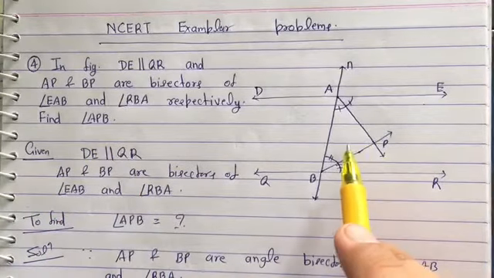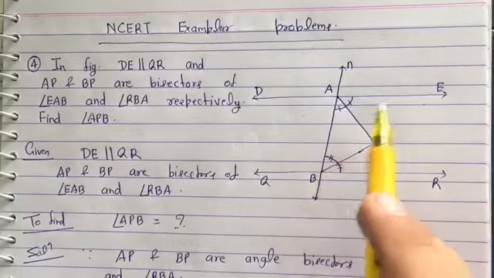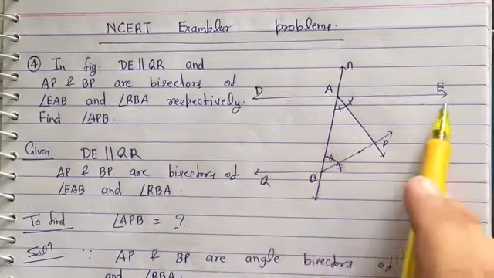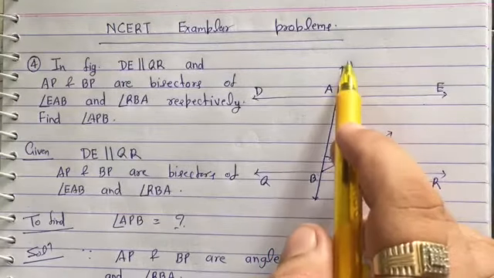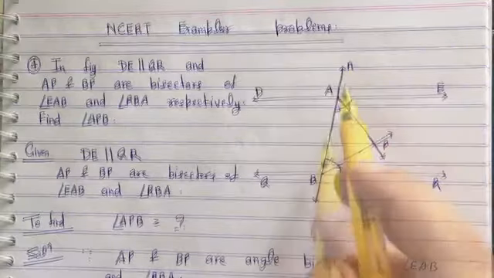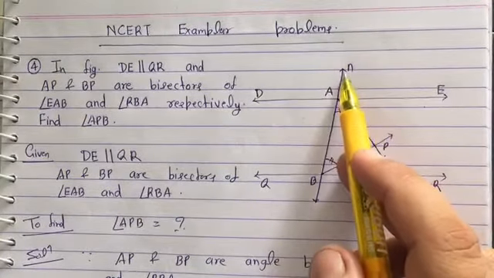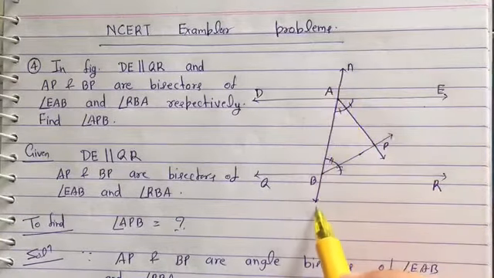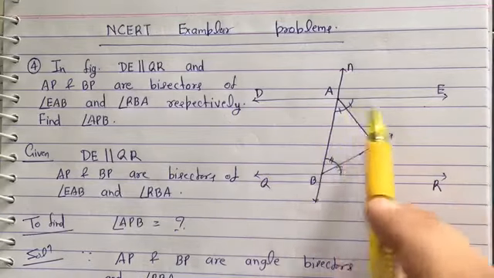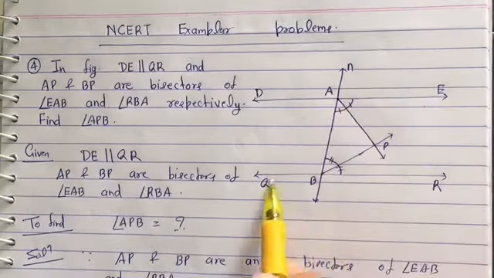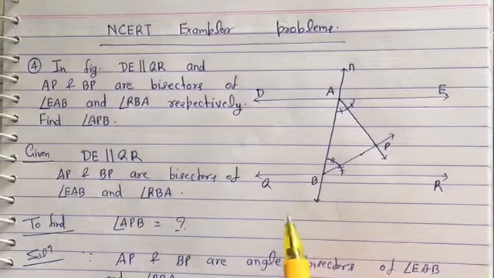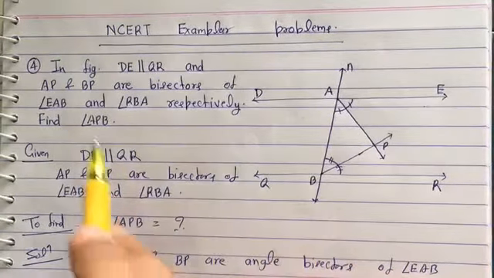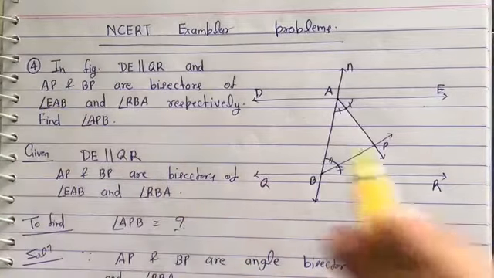Now let us understand the figure well. This DE is parallel to QR. One thing is given. This line N works as a transversal, intersecting DE at E and QR at B. The question is also saying that AP and BP are bisectors.